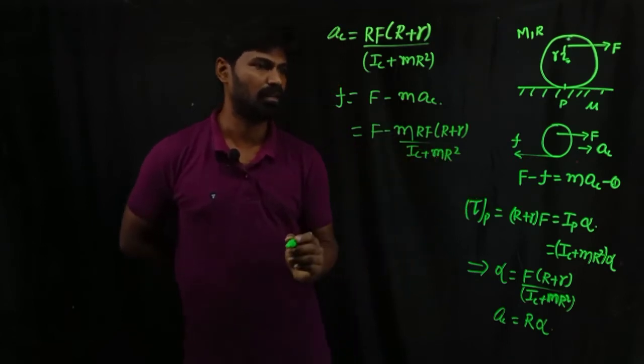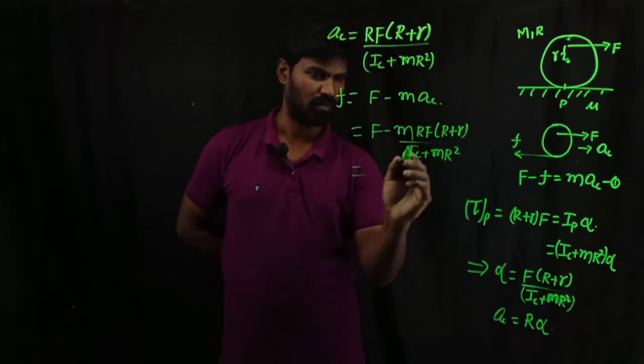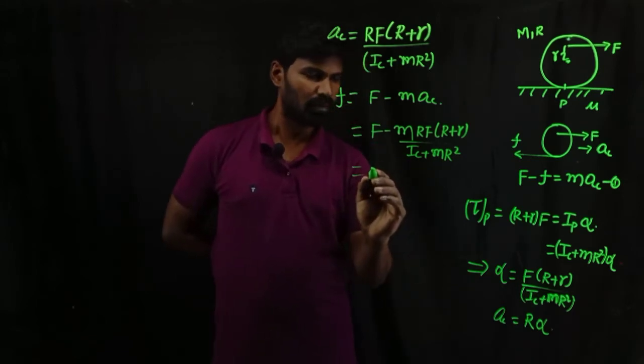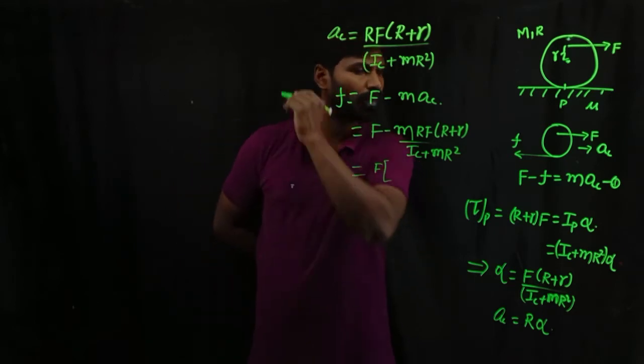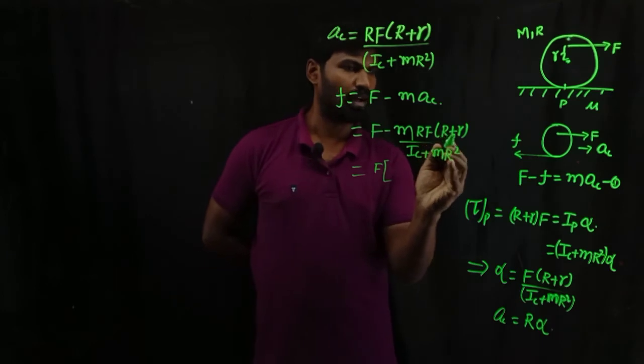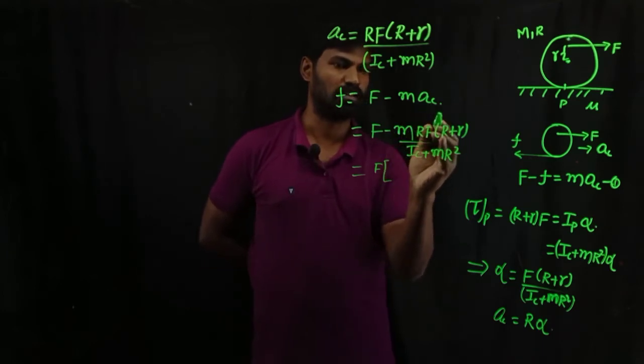If we take the LCM and cancel out the terms, what will you be getting? If you take F common, what you will be getting is small m into r square, capital R square. Small m into capital R square gets cancelled.